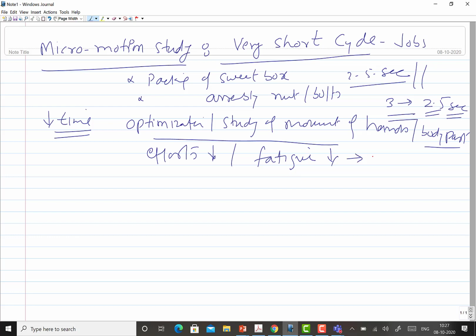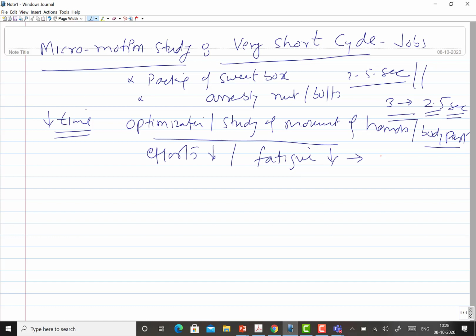So this will improve the working condition of the workers, reducing the fatigue and the actual efforts to be put in by the workers for doing the job.